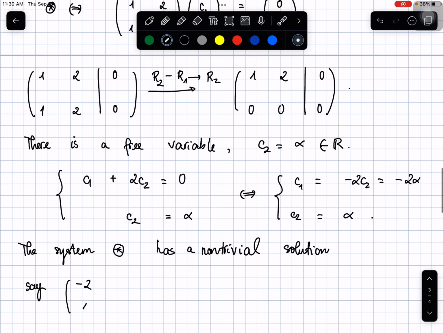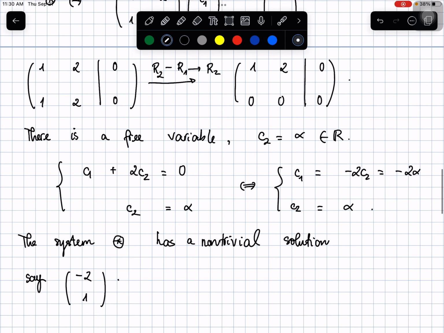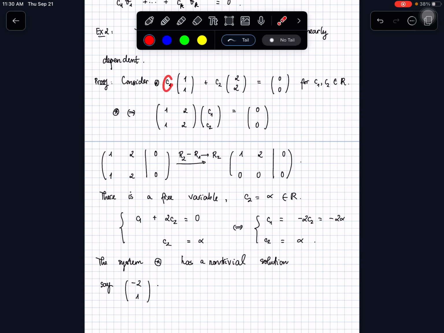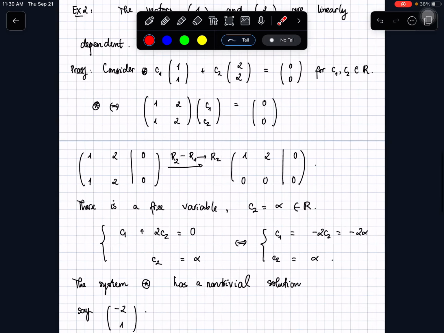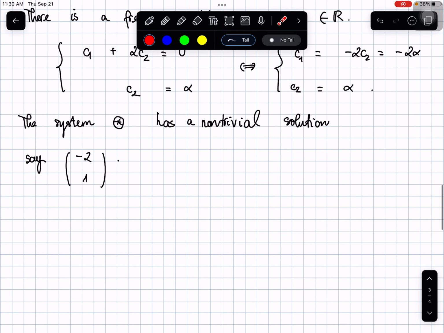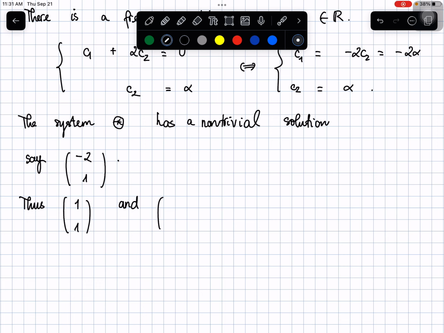Right, minus 2, 1. Therefore, by definition, there exist c1, c2 not all 0, such that this equality holds. So v1 and v2 are linearly dependent.